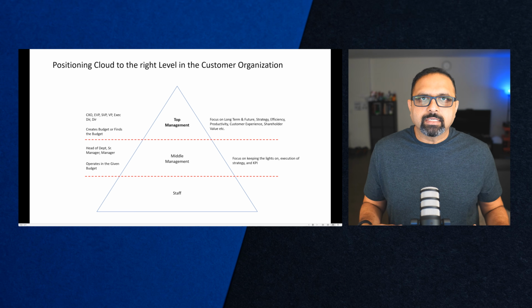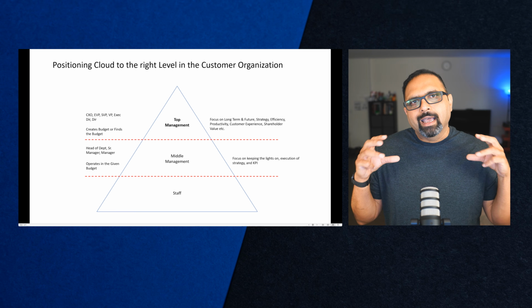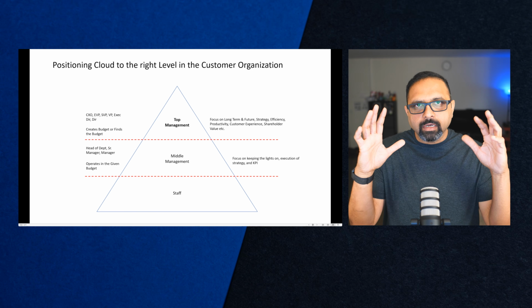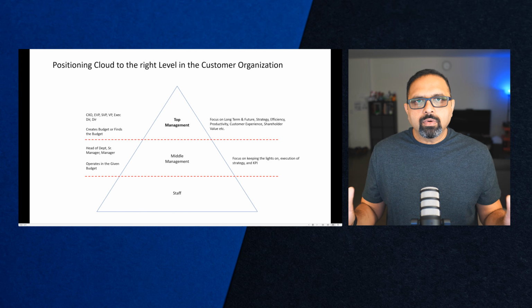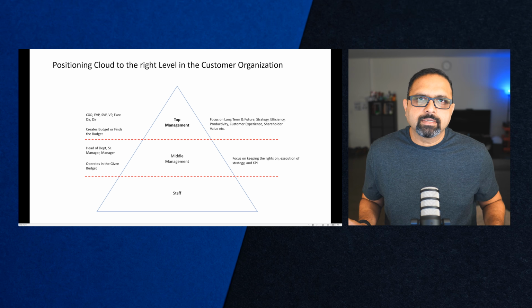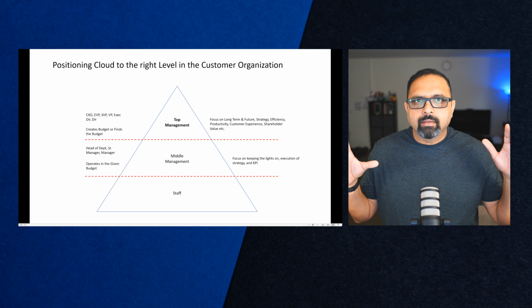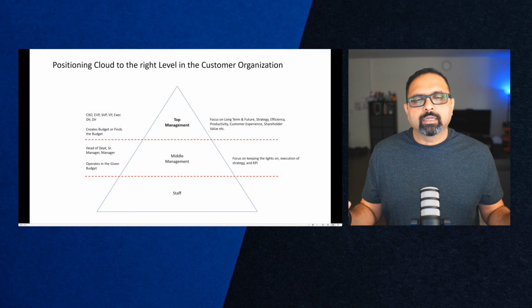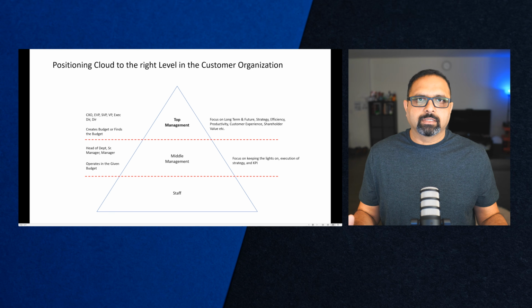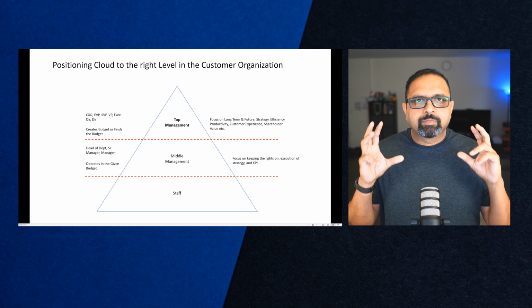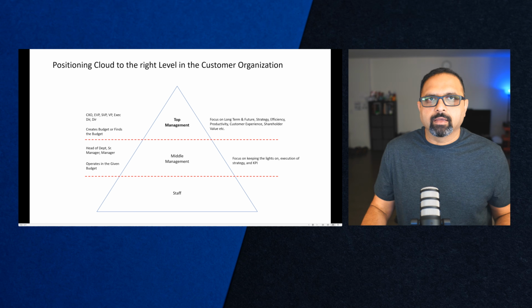The budget is decided by the top management, and then it is given to the middle management to run. Their focus is all about how they can go through the 365 days till the end of the year and continue to run the whole responsibility with that given budget. That's how they behave and work.